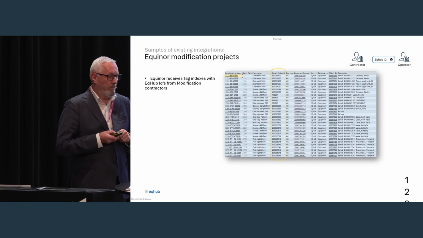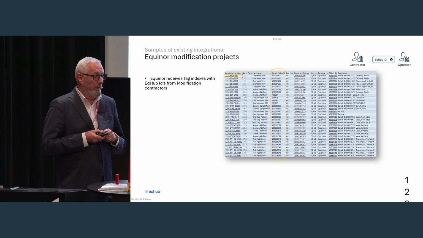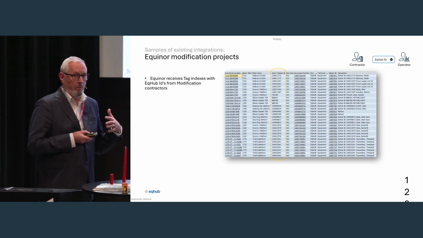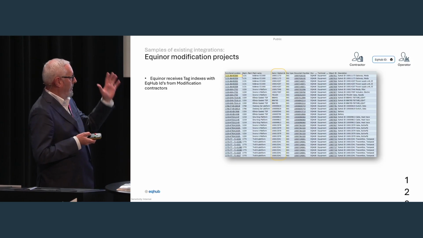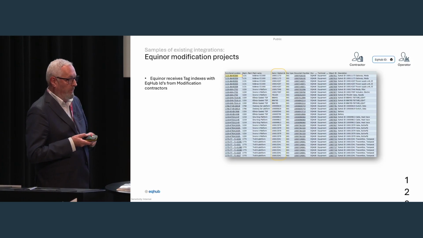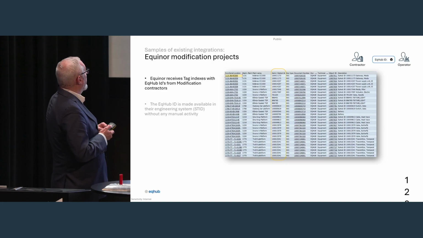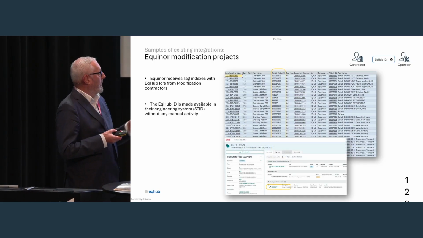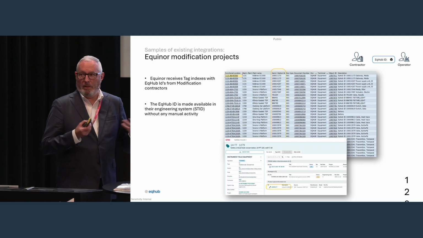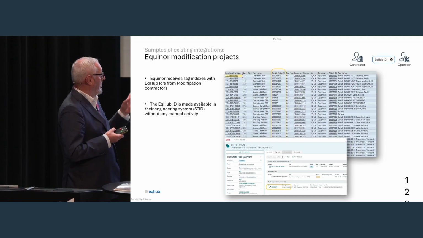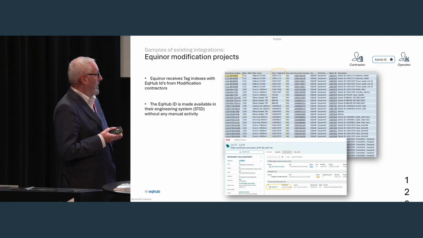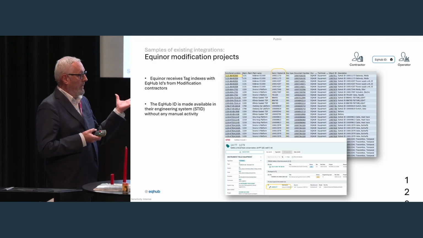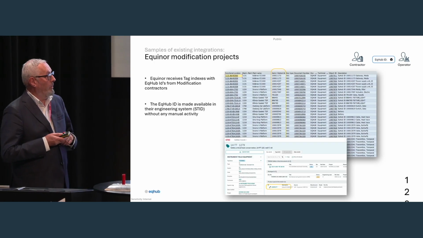Modification contracts from EQHUB. They're receiving tag indexes from their modification contractors and from different contractors, and it comes into their system. It is also made automatically available in their engineering system or data system called STID, where the EQHUB ID is made available without any human touching it.